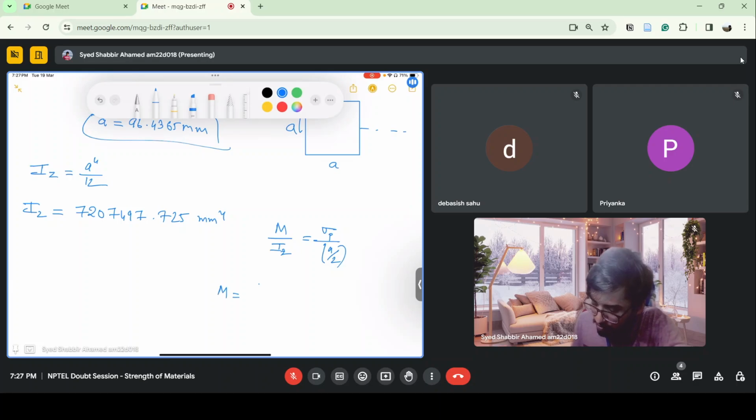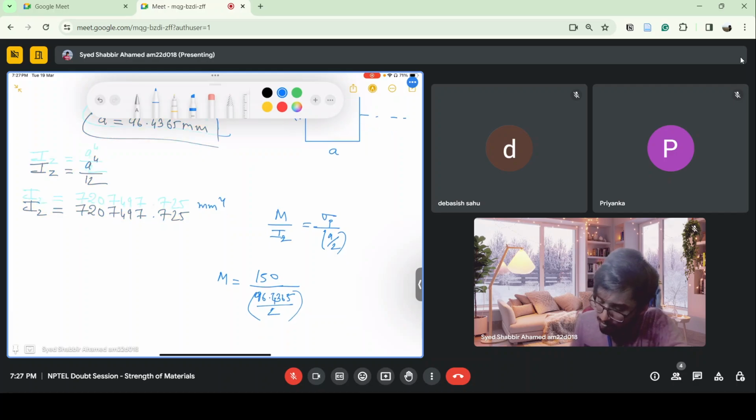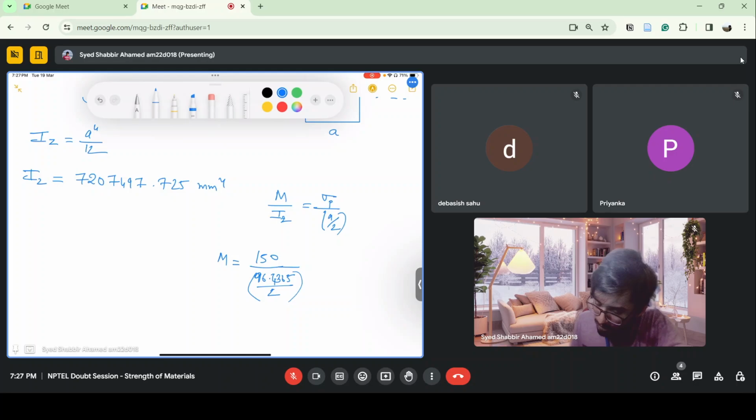So M is equal to 150 into a by 2, that is 96.4365 by 2, into 7207497.25.